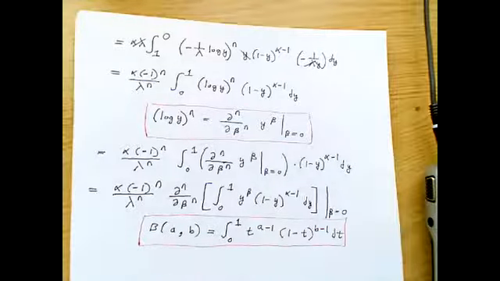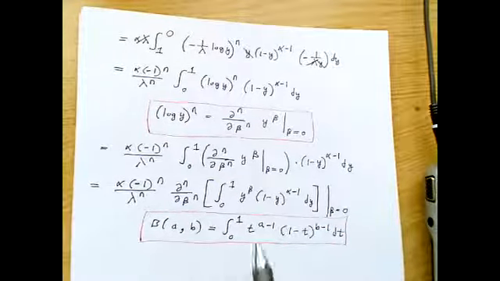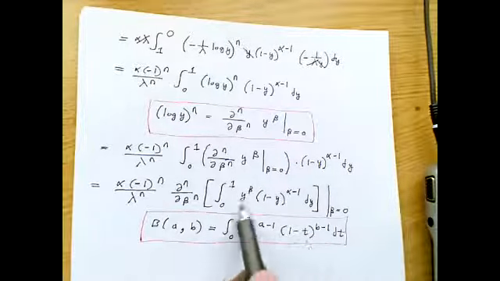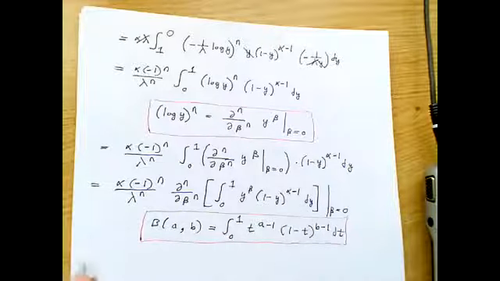Okay. So using this definition, and because this is of this form, you can replace this by a beta function. So what you get is the following.